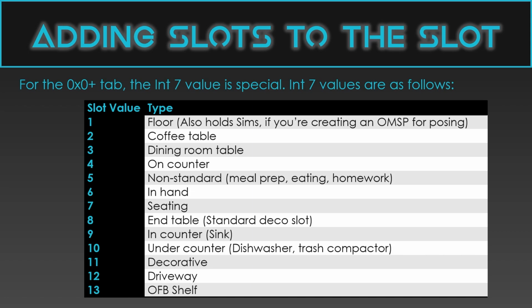And then we've got 9 is in counter, 10 is under counter, 11 is decorative, 12 is driveway, 13 is OFB shelf. For the purpose of this workshop, the only one that we're going to focus on is 8, which is end table.